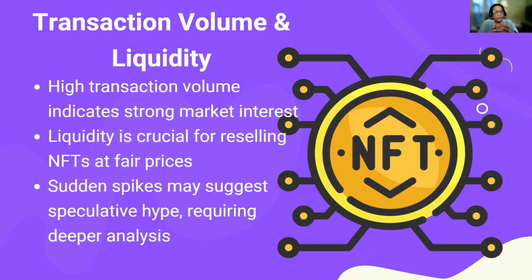So one of the main data points you need to understand is the transaction volume and liquidity. High transaction volume indicates that there is strong market interest. For example, initially when the NFT tokens are launched, obviously you are not going to get any transaction volume, because they say that they are going to launch it by next week.